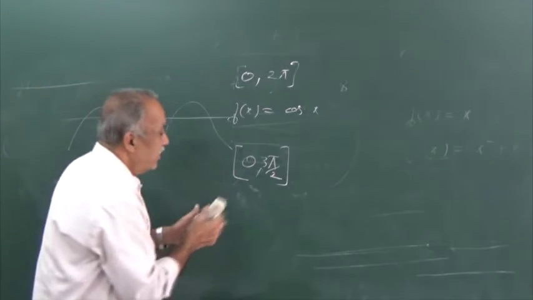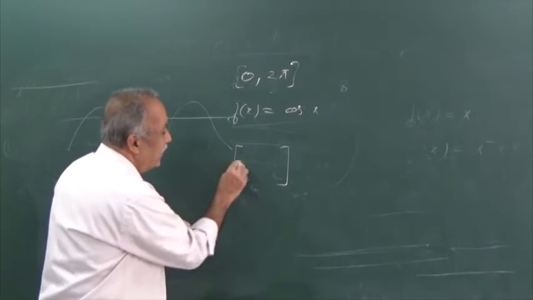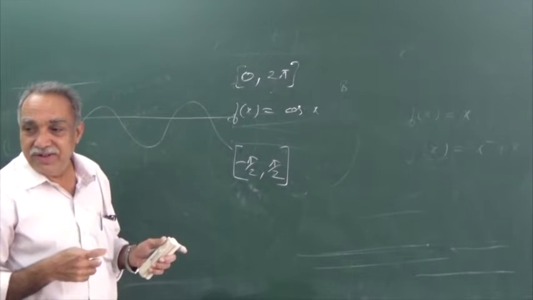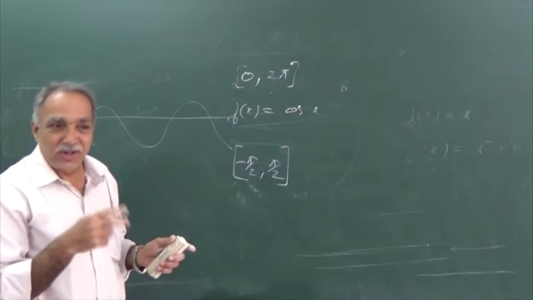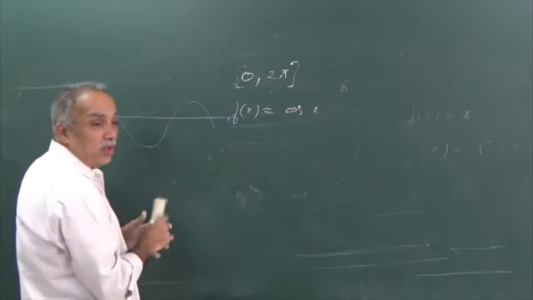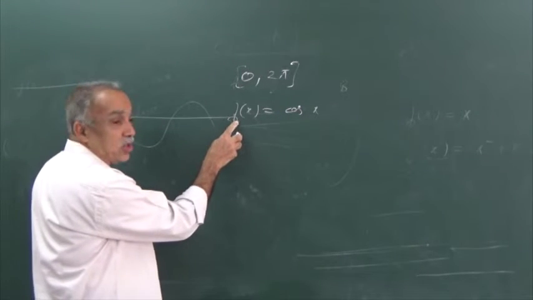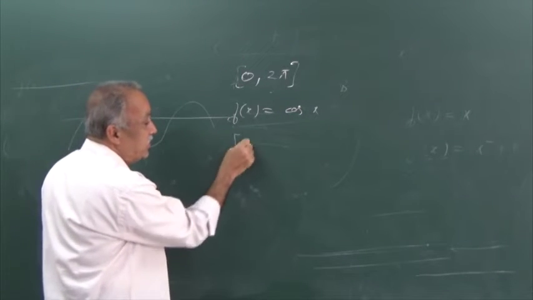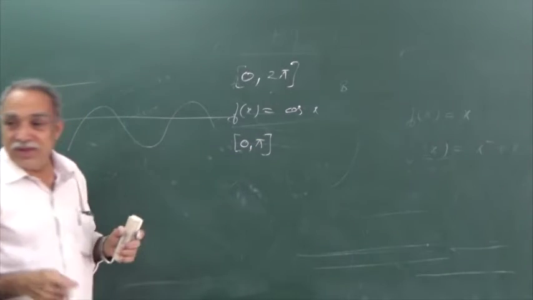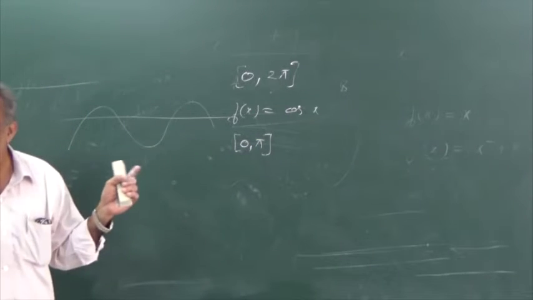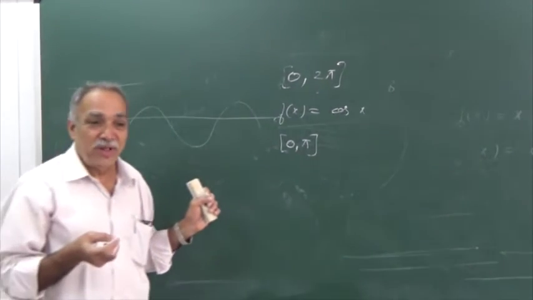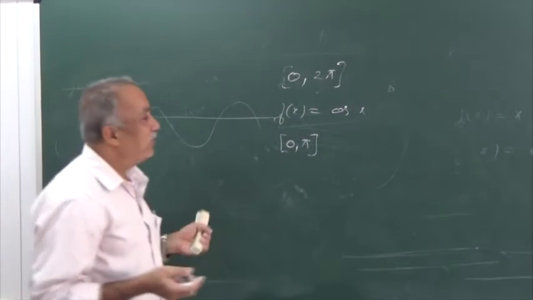Yes. Not 1, 1. Positive quadrant is repeatedly made use of. So, one of the largest intervals on which this is 1, 1 is 0 to pi. We will use these ideas once again later in trigonometry while defining inverse trigonometric functions. Okay.